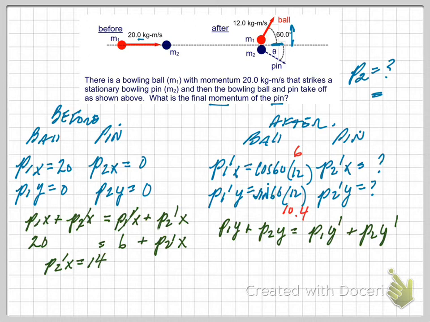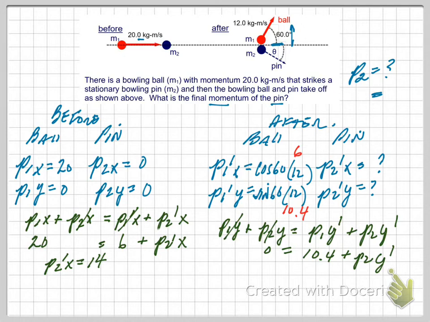Now let's see in the y direction. P1y is 0. P2y is 0. So we have 0 equals P1y prime. Oh, no, that was a mistake. P1y prime we said was 10.4 plus P2y prime.